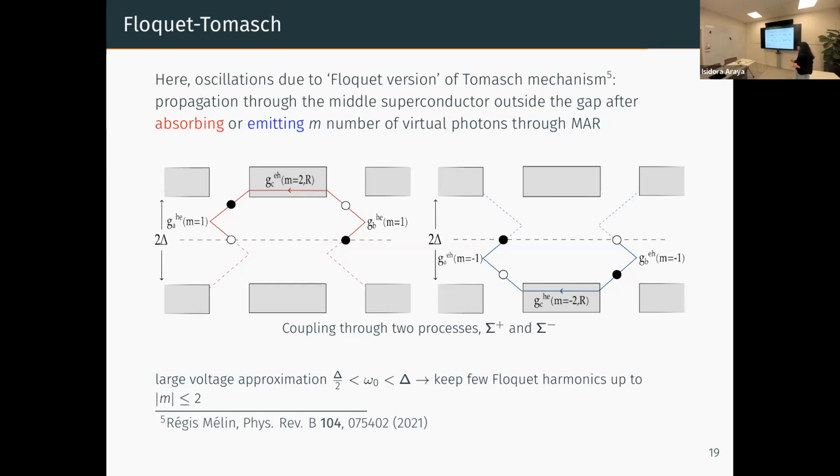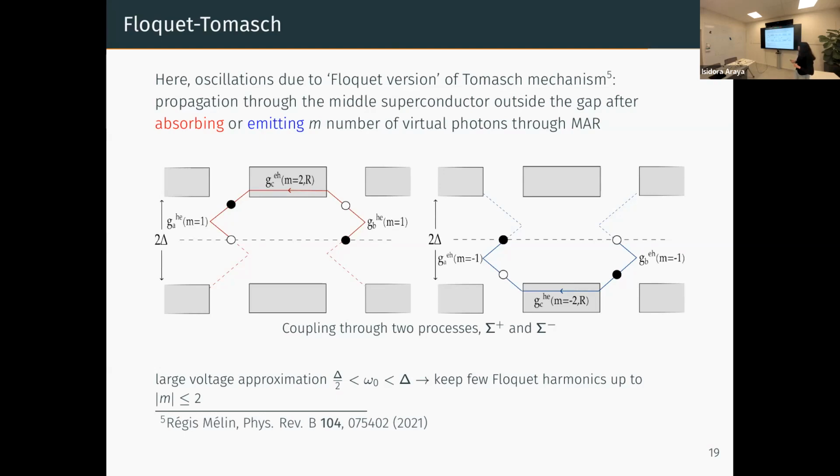And so you will have two kinds of processes. Either you absorb photons, this is the left picture, or you emit virtual photons, the right picture, and both of these processes can contribute depending on the voltage, let's say.